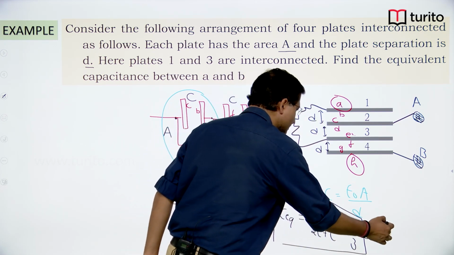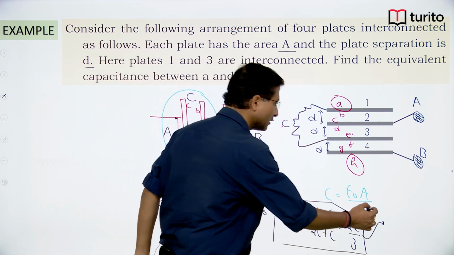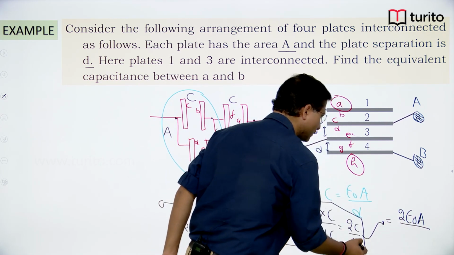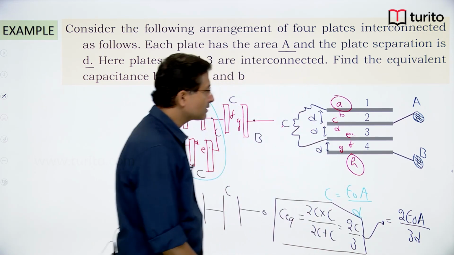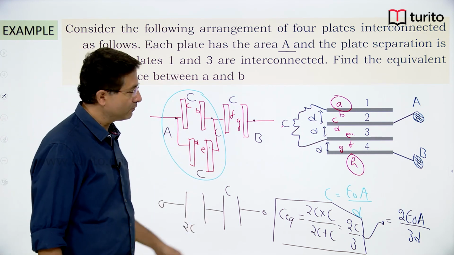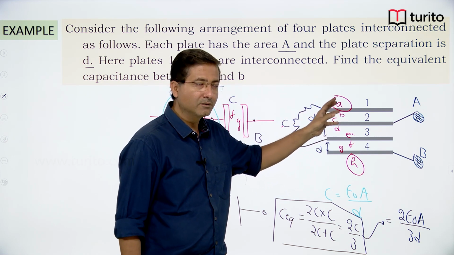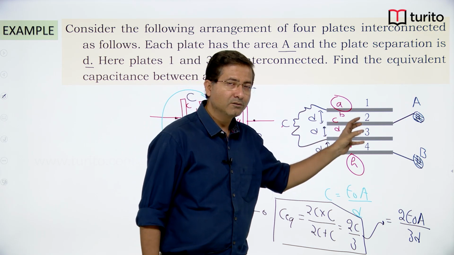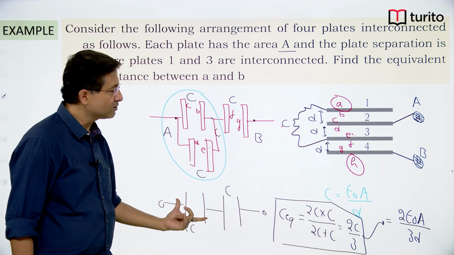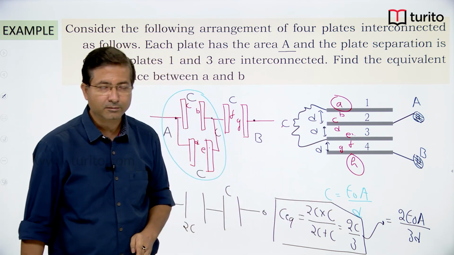Because you have to give the answer in terms of area and the separation, C is epsilon naught A by D, so this can be further simplified as epsilon naught A by 3D. So, this is the capacitance of the given arrangement, and these are the steps you need to follow. So, conducting wire, same terminal, the circuit was not that simple, we cannot directly predict series parallel combination, we try to simplify the circuit, and one circuit got simplified, we got series as well as parallel combination, and using the formula we got the final expression.